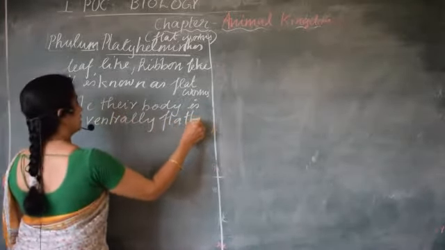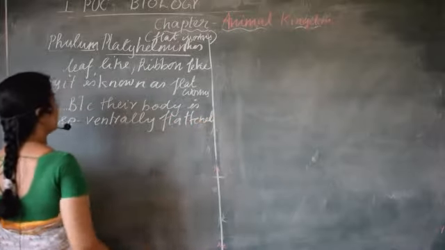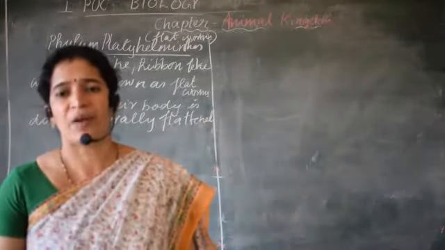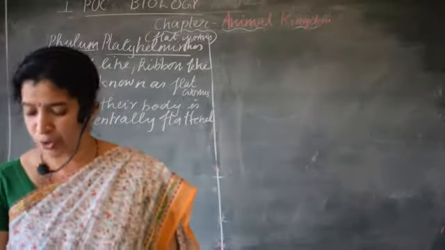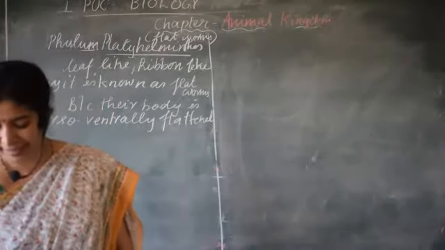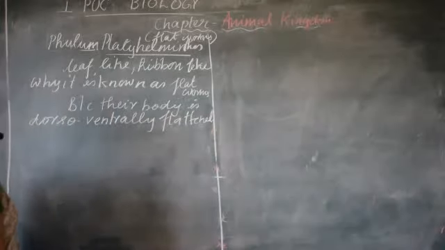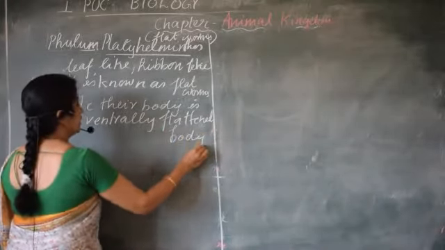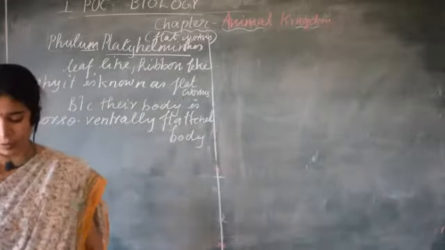It is flattened like a leaf. It is flat like a ribbon. So that's why it's named as flatworms.